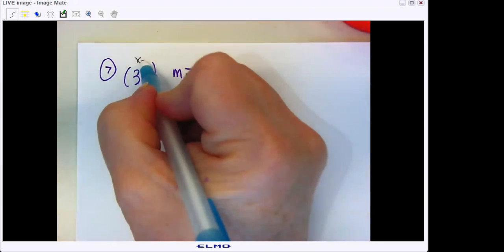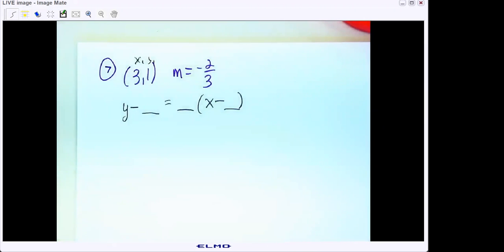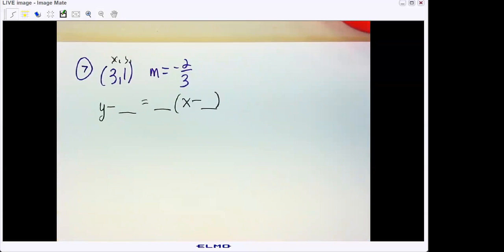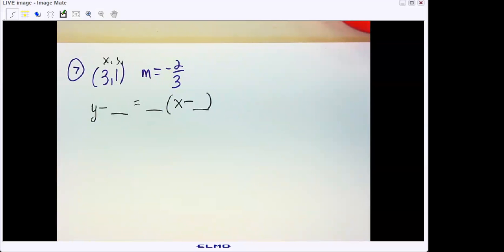So this is my x1 and my y1. Okay. When you're done with that, put done in the chat box. And it takes a long time to type that in. And if you get the final answer, you can put it in the chat box.